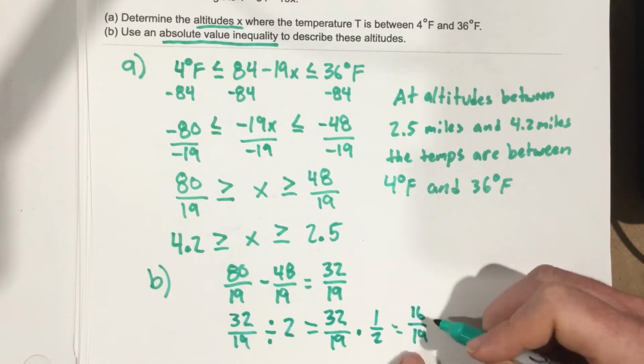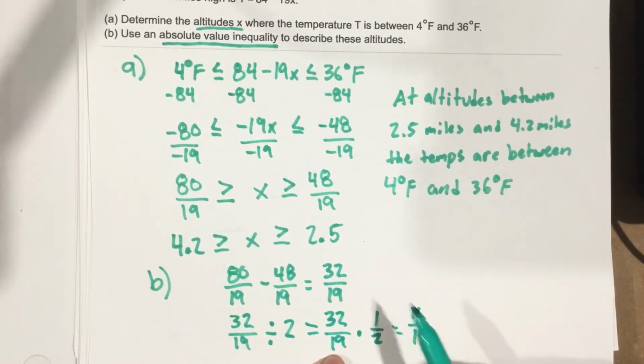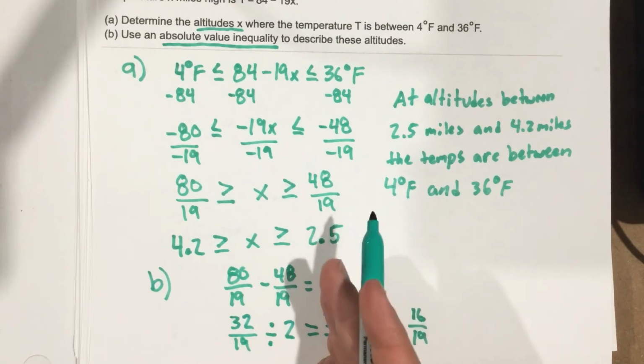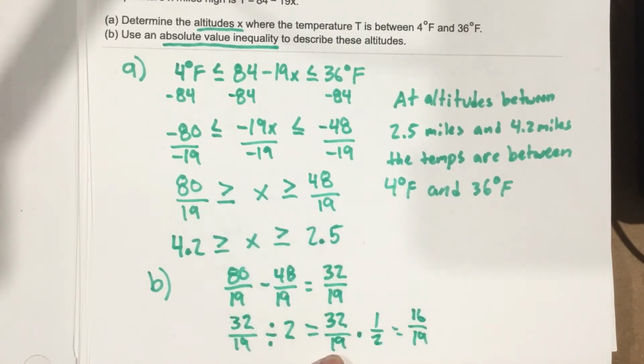Okay, so 16 over 19 is basically the distance from the middle to one endpoint and the middle to the other endpoint.